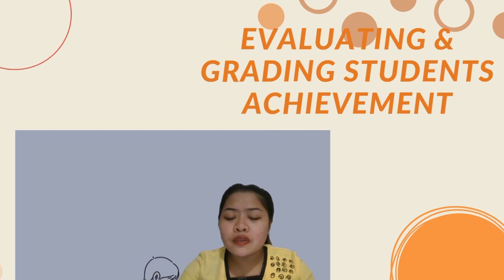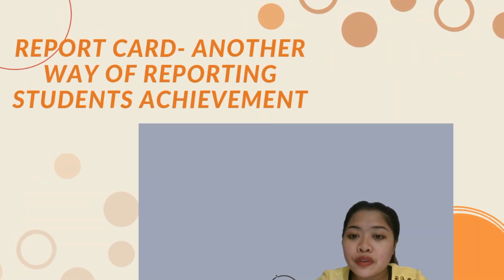The rubric helps teachers determine the accuracy and appropriateness of the student's performance. At the end of every quarter, teachers prepare the report card that contains the students' grades in all their subjects. This is another way of reporting the student's achievement.